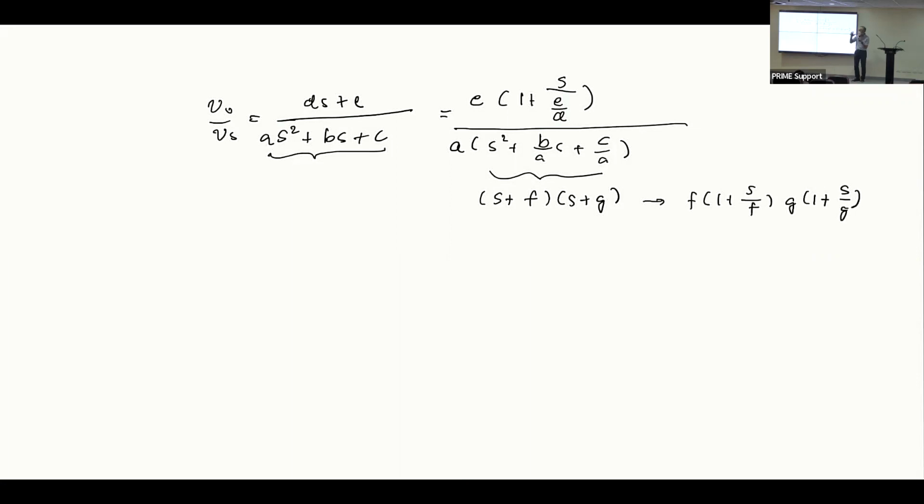At the end of the day, what are you going to have? You're going to have one zero and two poles, and then you can now see what your pole frequencies are going to be. Okay? So what happened when we added Cs of mu? When we added Cs of mu, all of a sudden we got a 0.